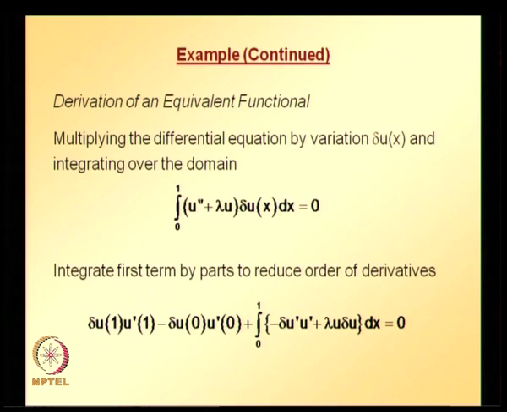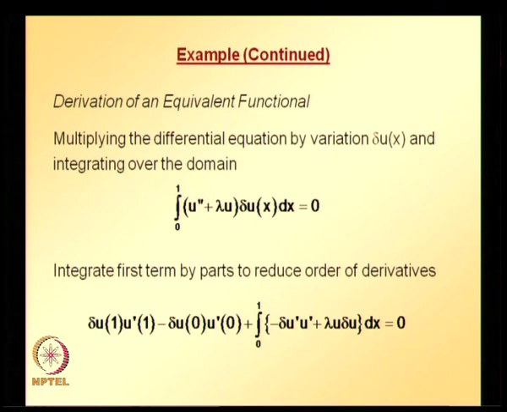Here we are very fortunate because at x is equal to 0 and x is equal to 1 essential boundary conditions are prescribed. So, automatically the first two terms, the boundary terms, get cancelled. Wherever an essential boundary condition is given, variation of u at that point is equal to 0, or at least the variation of the admissible solution at that point is equal to 0.